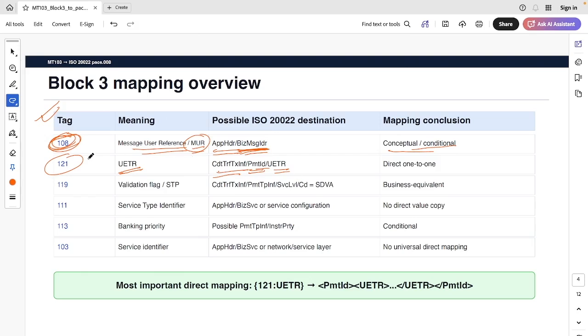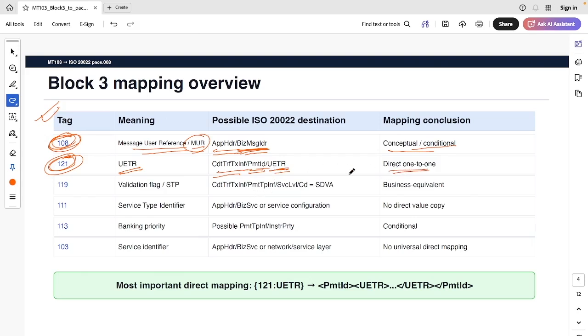The same UETR value that this field 121 holds will be carried forward for the same payment transaction. So whatever value the system captures under 121 will be directly mapped to this particular element in the ISO 20022 format. So that's a direct one-to-one.